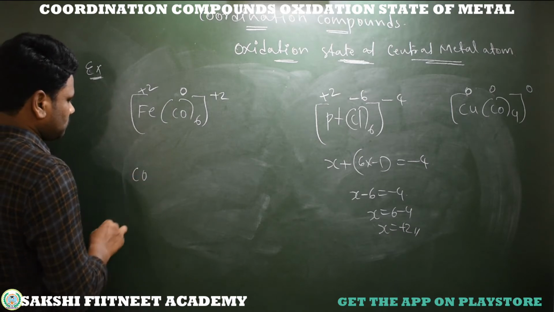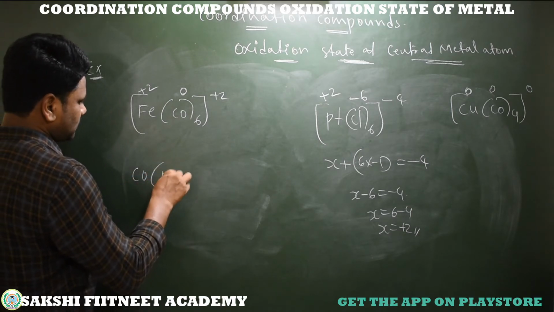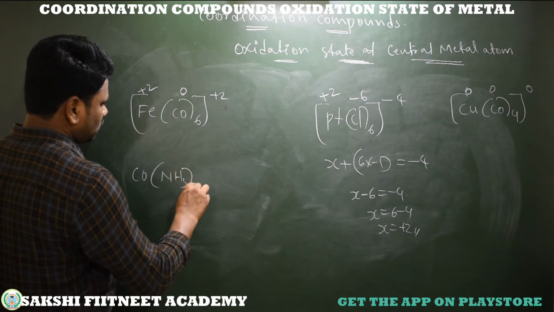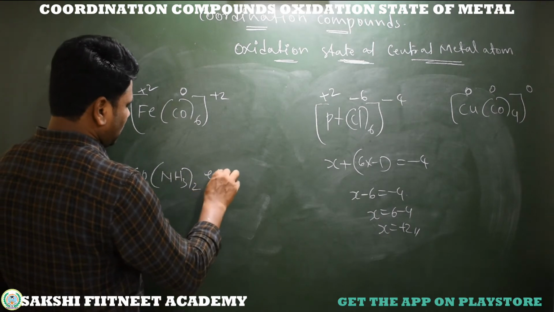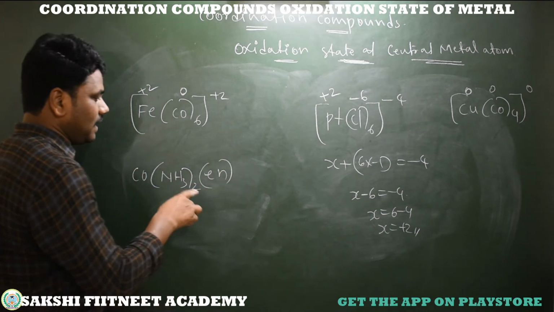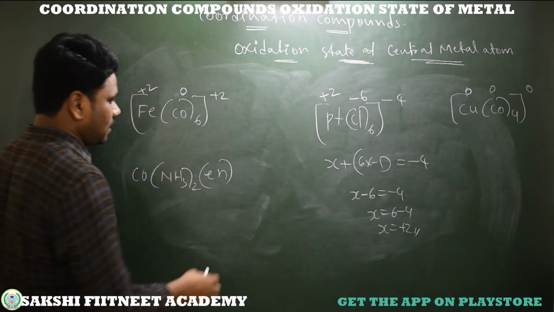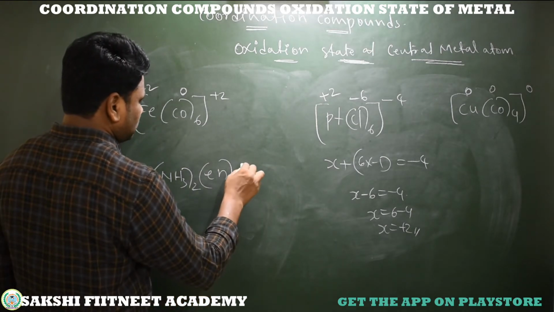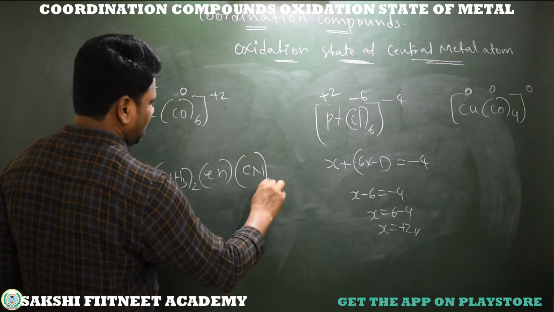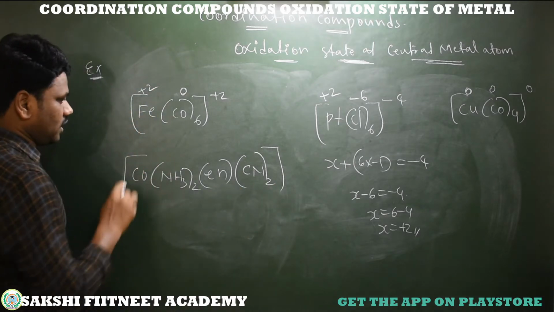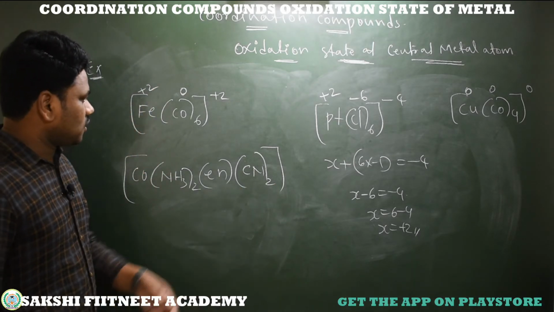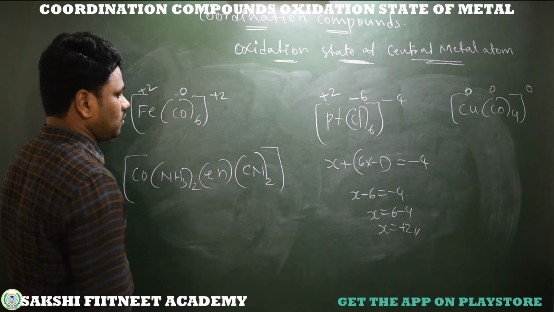Same way here cobalt which has 2 ammonia ligands, and here ethylene diamine which is a bidentate ligand, and I am taking another ligand, that is cyanide. The total overall charge is 0.